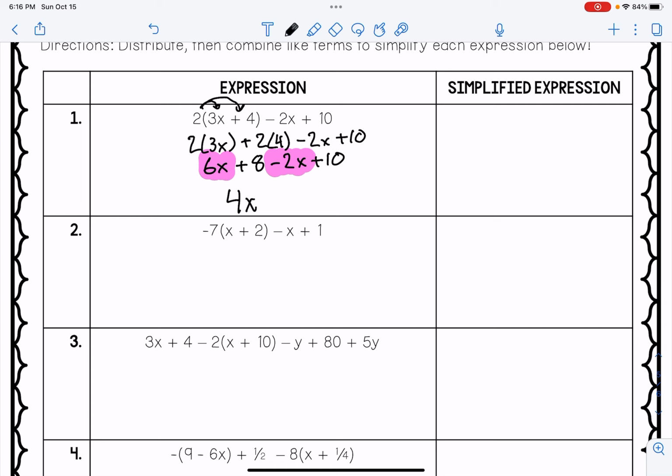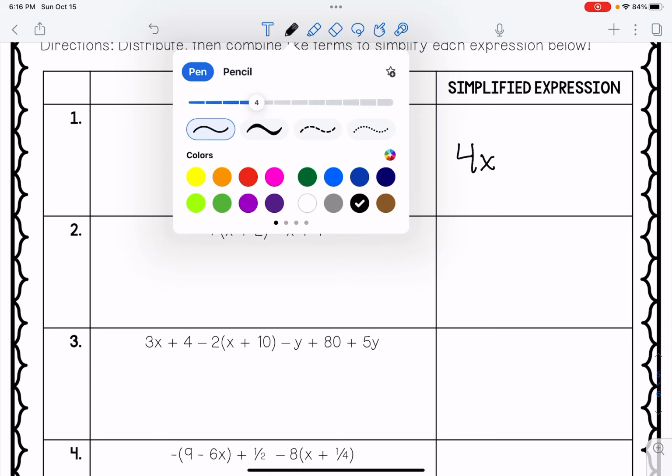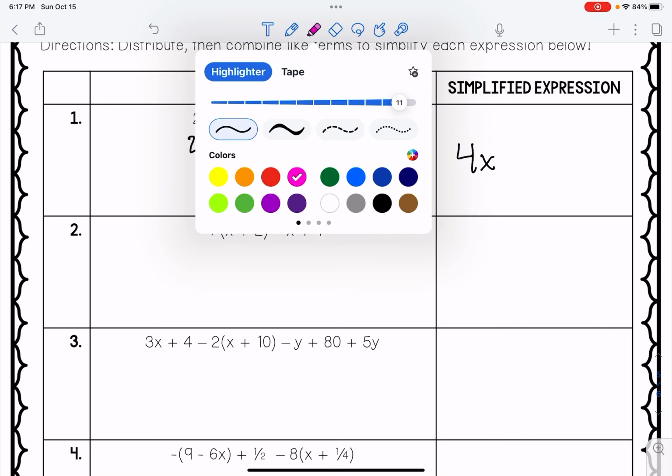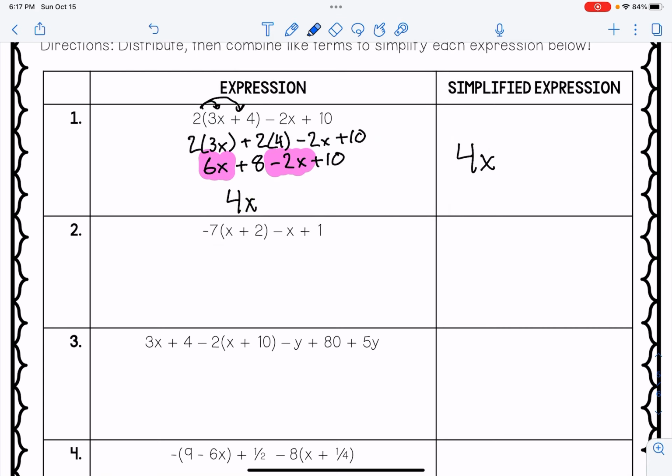So we're going to bring our 4x over here. And then our constant terms, no variables, we have a plus 8 and a plus 10. So 8 plus 10 is just plus 18 here. So 4x plus 18 is our fully distributed and simplified expression.